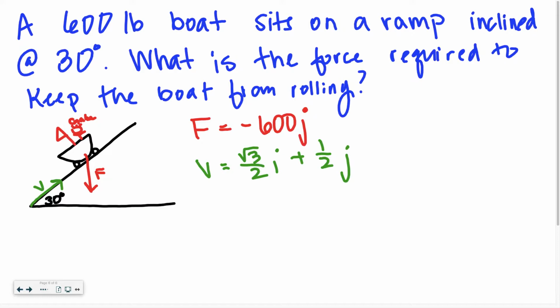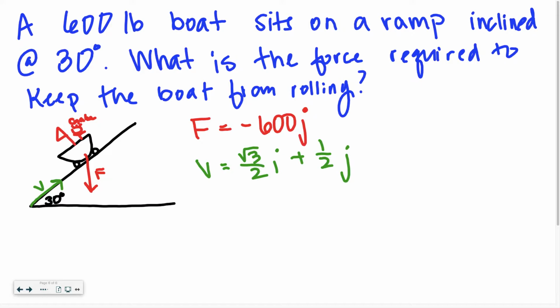Unit vectors make the world easier. I could make that vector anything as long as it has a 30-degree angle. It really doesn't matter right now because it doesn't have a specific value. We're just talking about the ramp. The cosine of 30 is radical 3/2. The sine of 30 is 1/2.